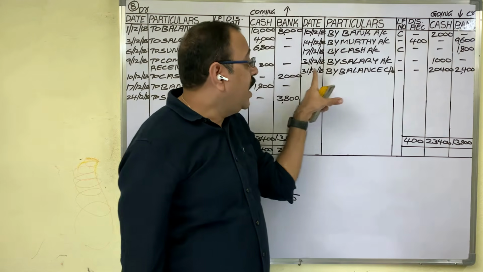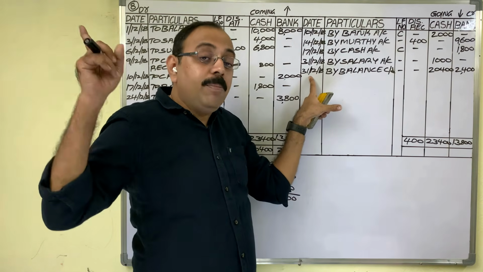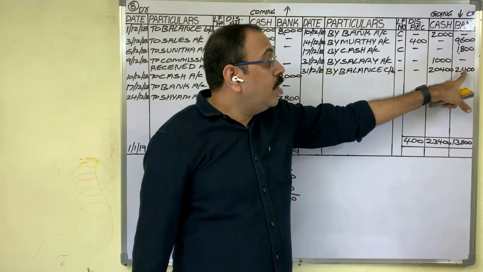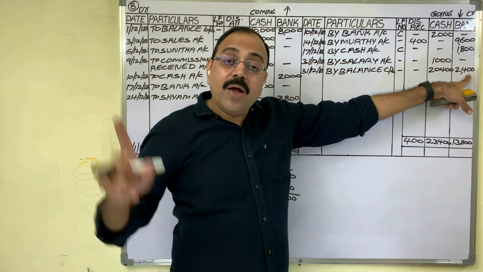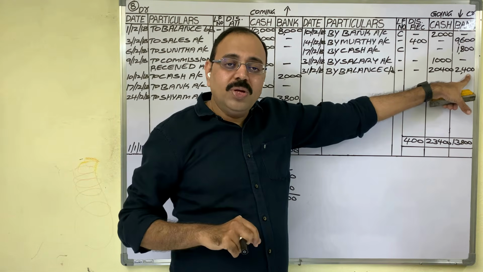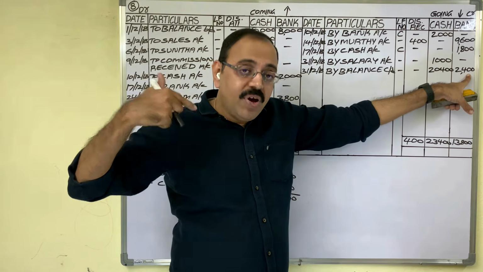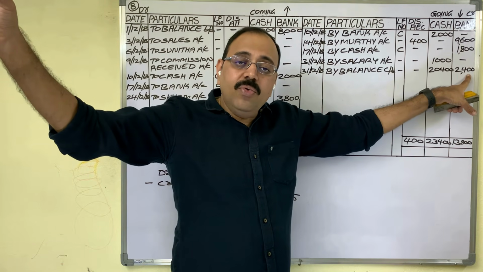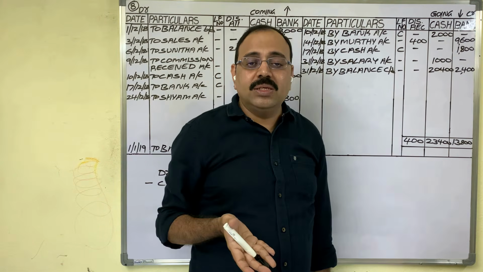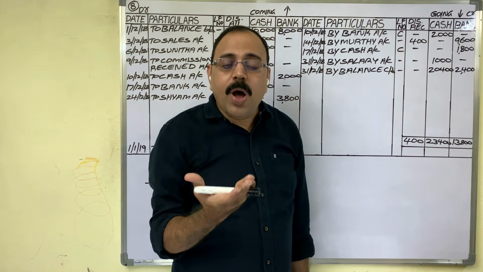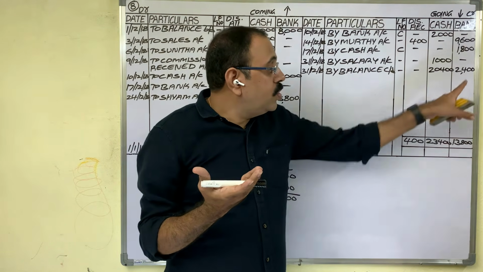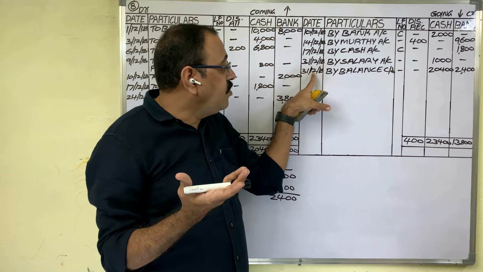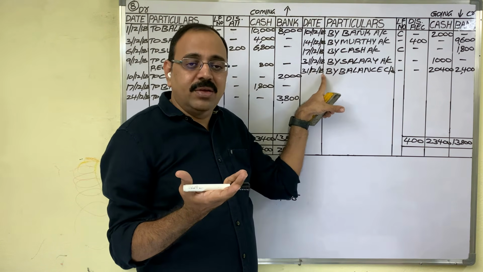Finally, at the end of the month, in our bank account, how much money should be there? 2,400. Bank also maintains accounts now. So banker maintains our account in their ledger book and they give one passbook to us. So according to passbook also, 2,400 bank balance should be there on 31st December 2018.